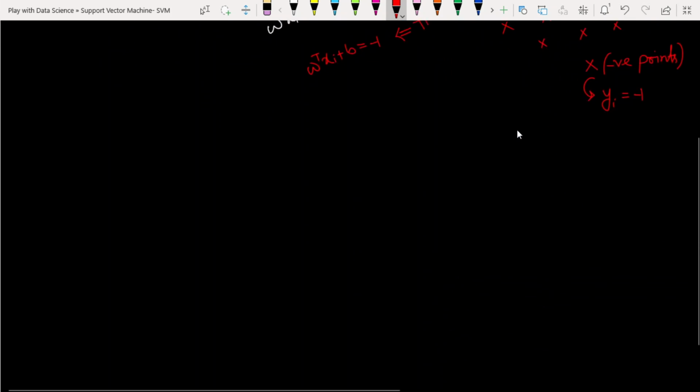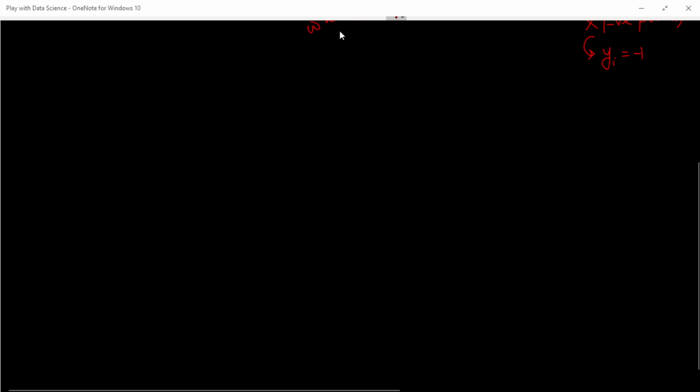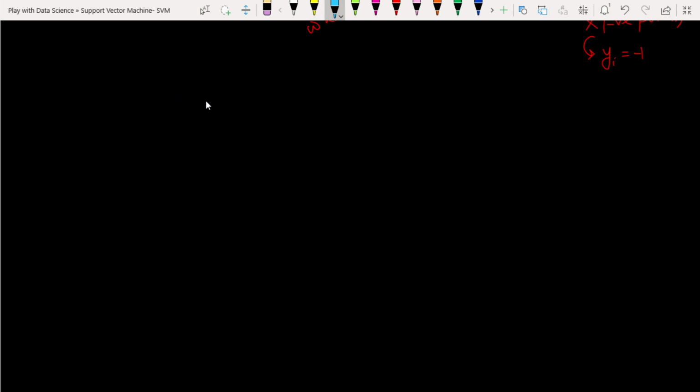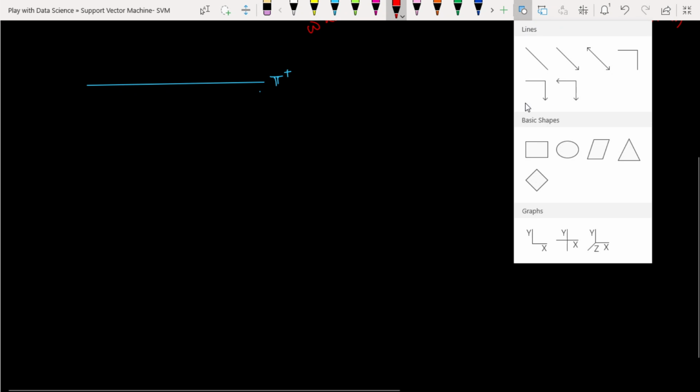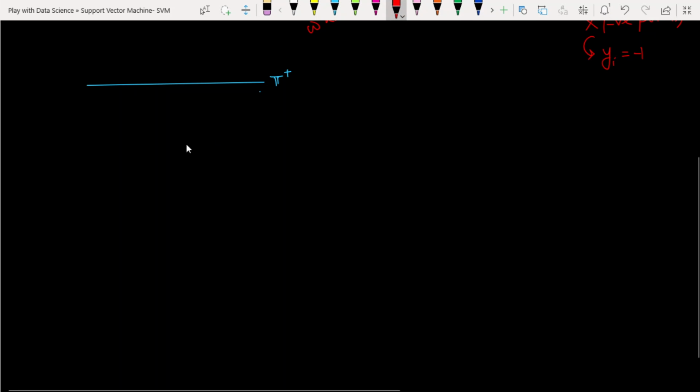So let's draw another picture. Here I am just using simple planes. Suppose this is our pi plus plane, and this is our pi minus plane.